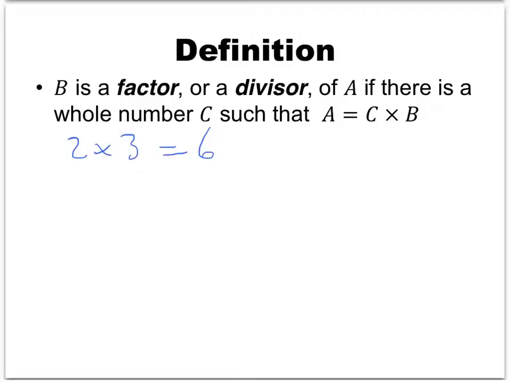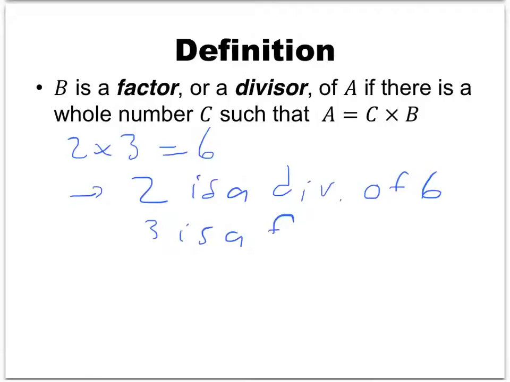And so we could say a couple of statements here. First of all, we could say that 2 is a divisor of 6, because 2 times 3 equals 6. Likewise, we could say that 3 is a factor of 6.